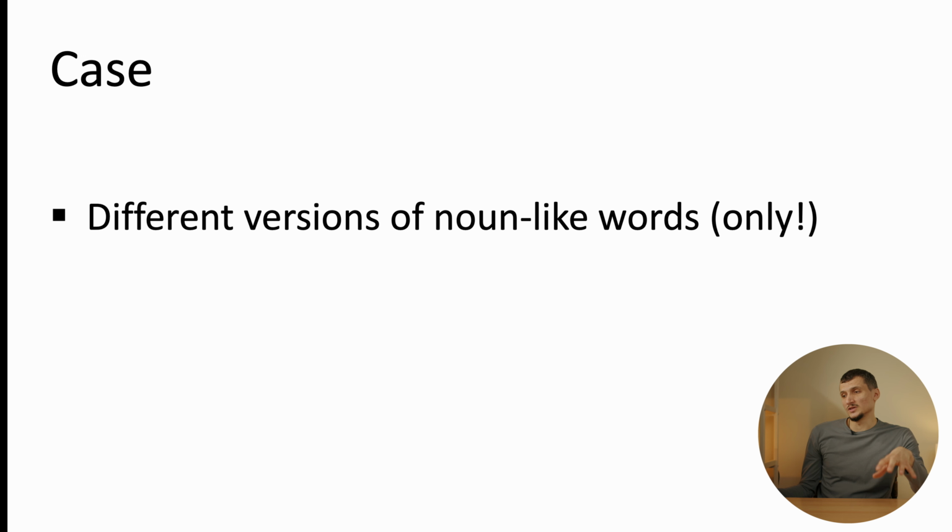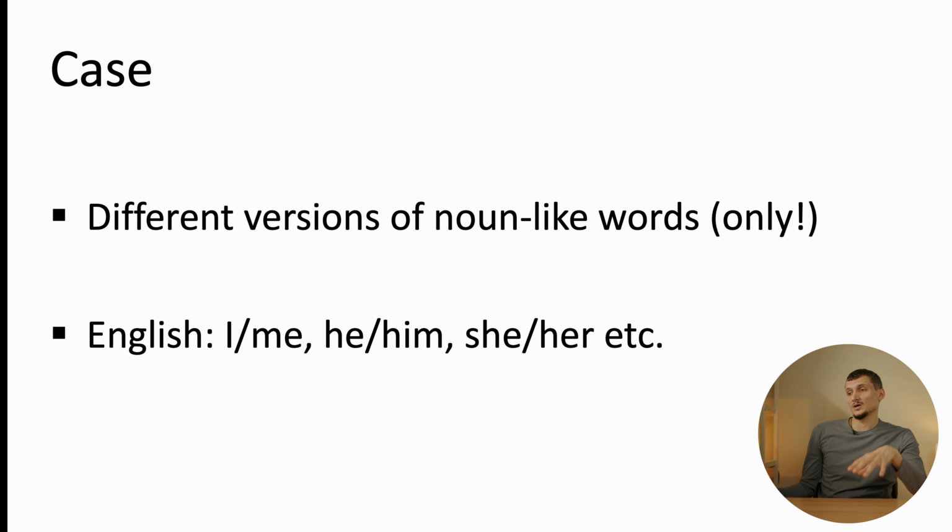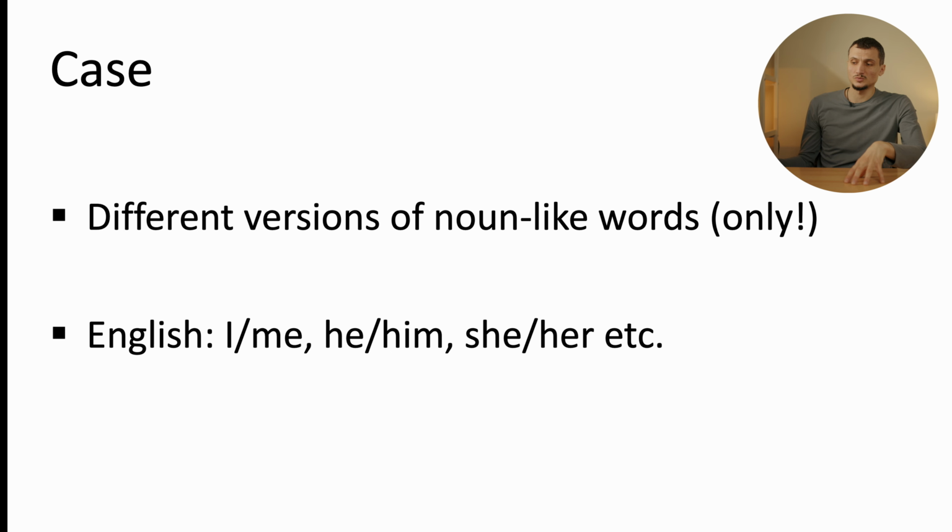So, like we said, there are different versions of noun-like words, and the only in brackets means that case has absolutely nothing to do with verbs. No verb has anything to do with this weird category of case. And so, English doesn't have cases. For all practical purposes, it doesn't, but it used to in the past. And the remnants are the difference between I and me, he and him, she and her, and so on.